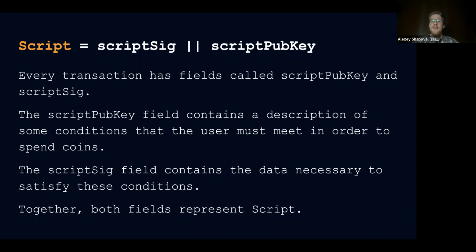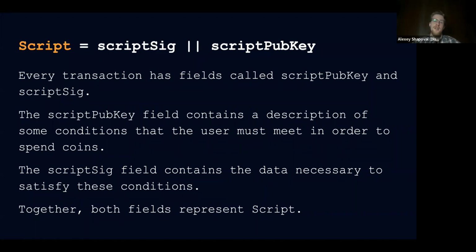Every transaction has these two fields, and the script pub key, this unlocking script, always contains a description of some conditions that the user must meet in order to spend the coin. So you need to prove that you have the right to spend this coin.